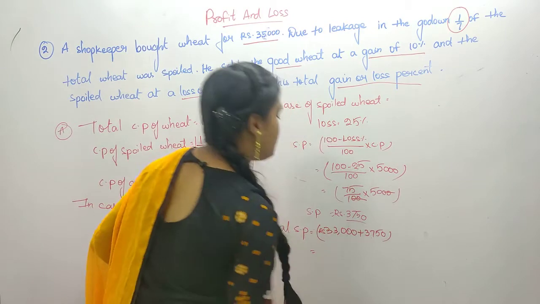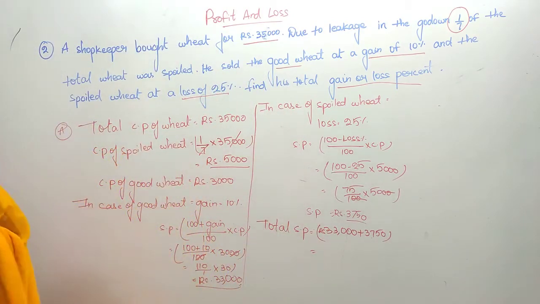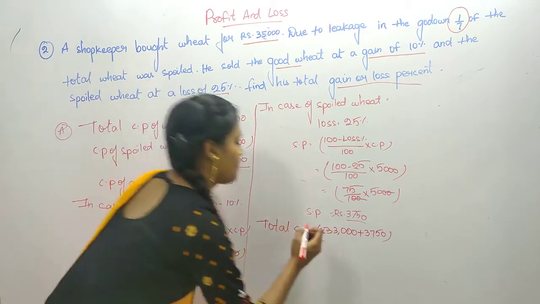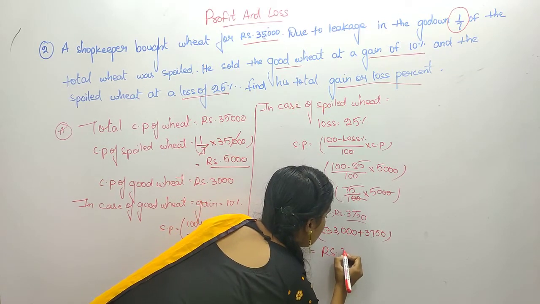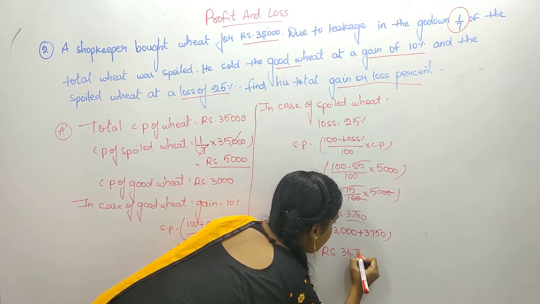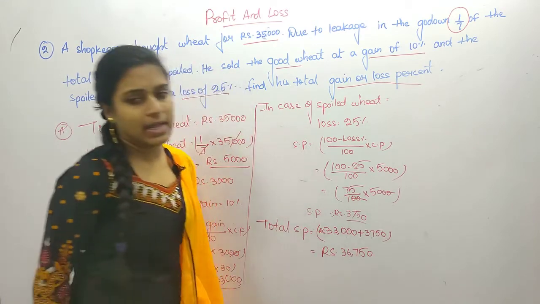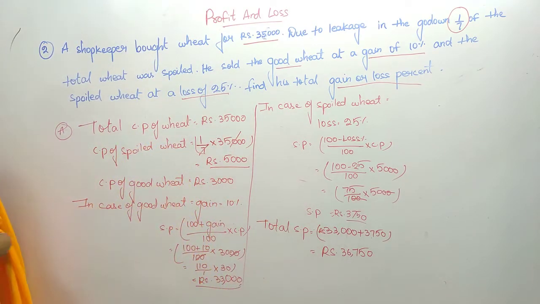By adding these both, the answer is Rupees 36,750. Now we have to find the gain.